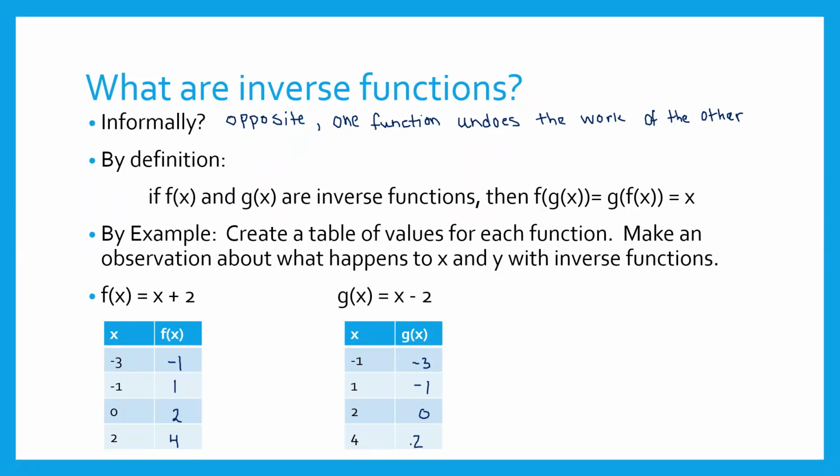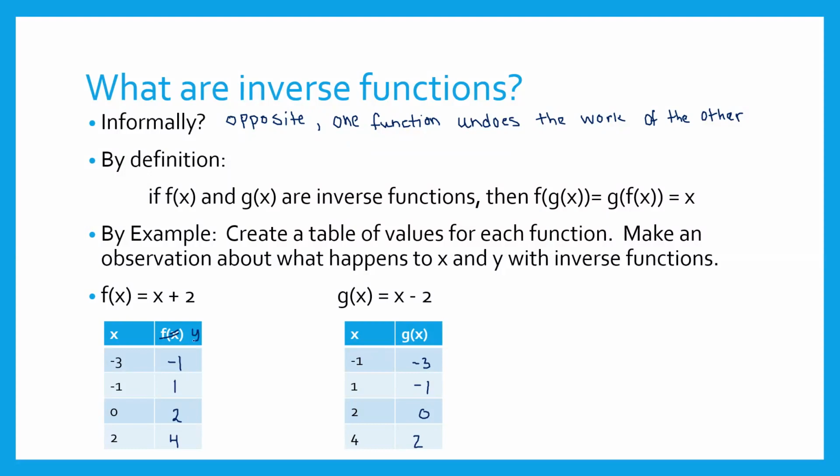Now, if I look at my two charts, I can see that the x and the f of x columns literally switch. The f of x becomes the x for the g function, and the x and y values, if I think of these as x and y instead of function notation, literally switch.